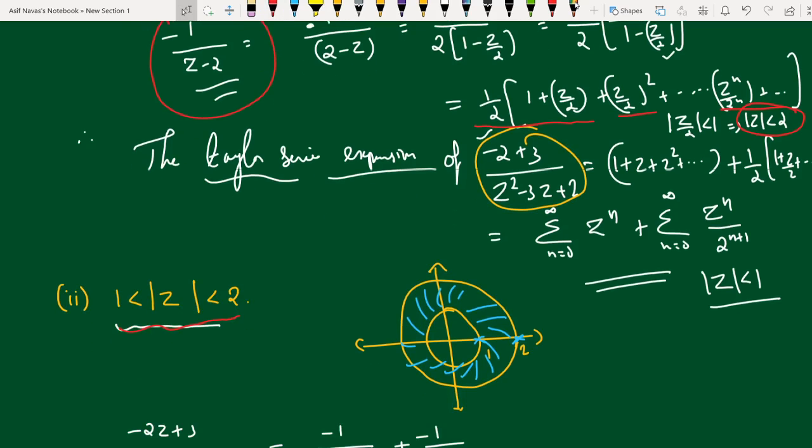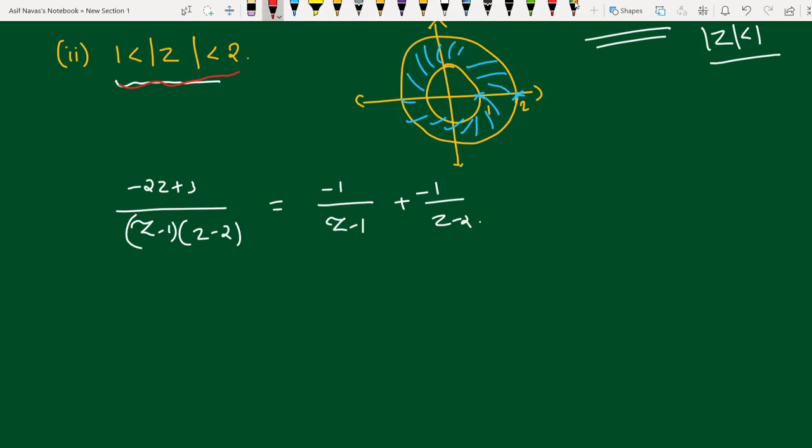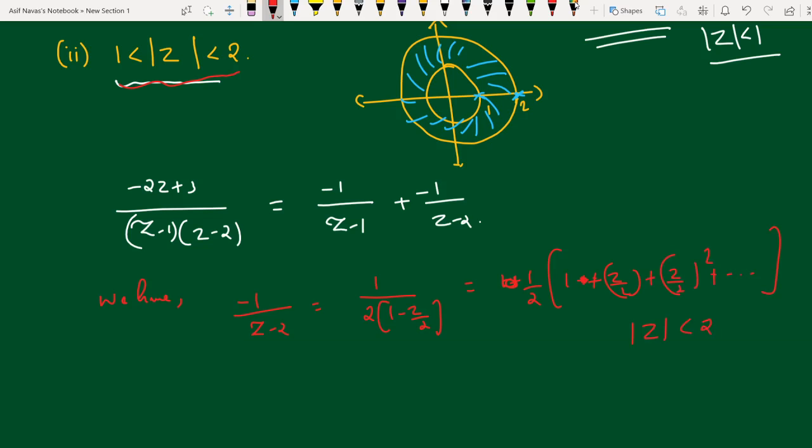So the first expansion you can write: minus 1 by z minus 2 is equal to 1 by 2 into 1 minus z by 2, which is equal to 1 by 2 into 1 plus z by 2 plus z by 2 square plus etc. This is valid when mod z less than 2. So the series expansion of this is the same as this.